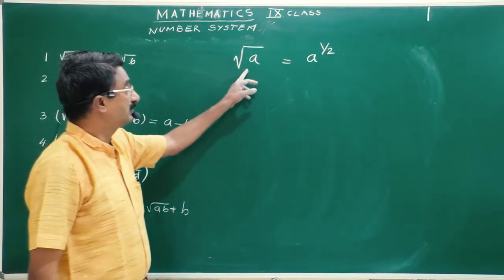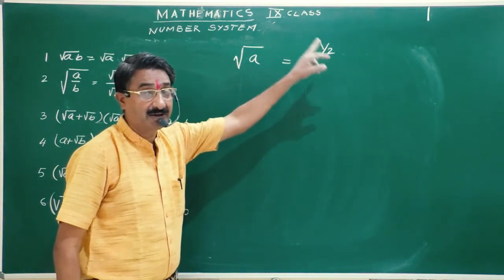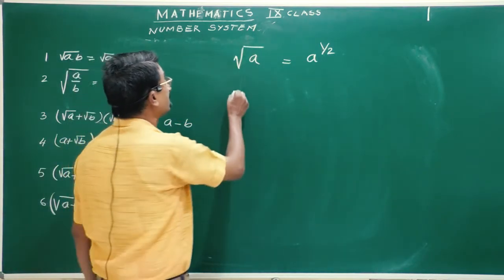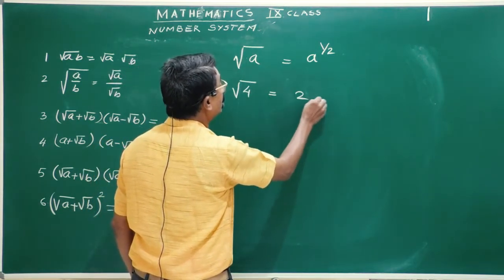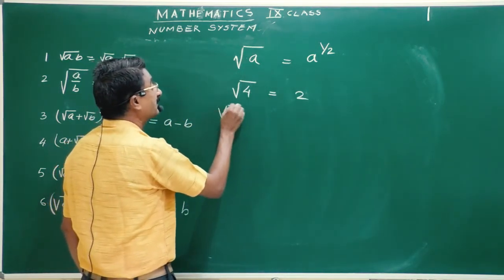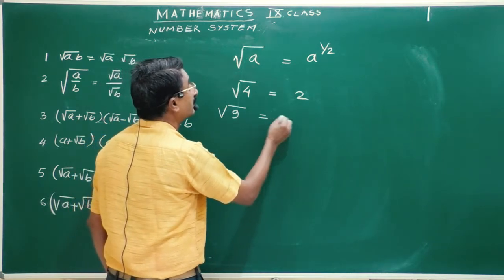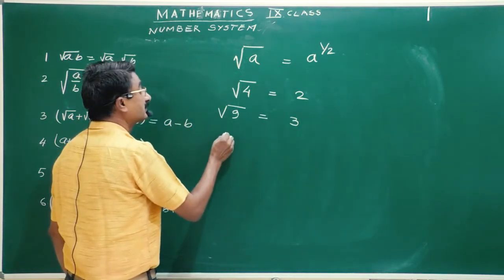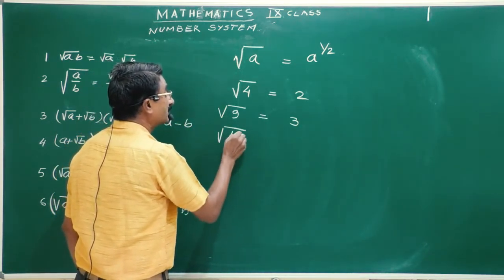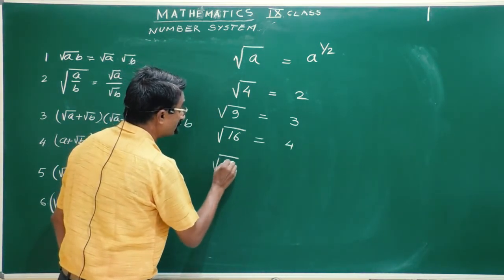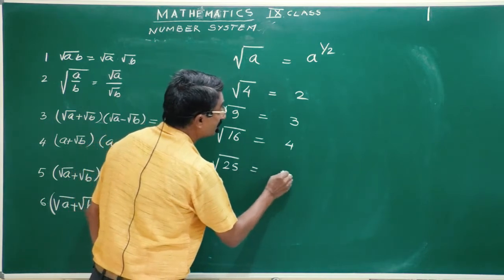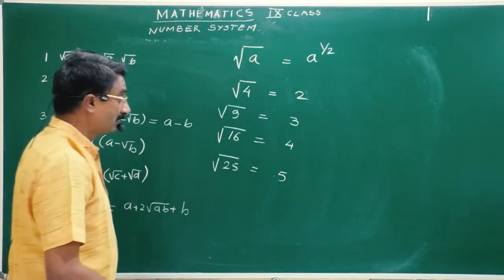Clear? Under root a means a raised to the power 1 by 2. For example, under root 4 is equal to 2. Same thing, under root 9 is equal to 3. Under root 16 is equal to 4. Now under root 25 is equal to 5.